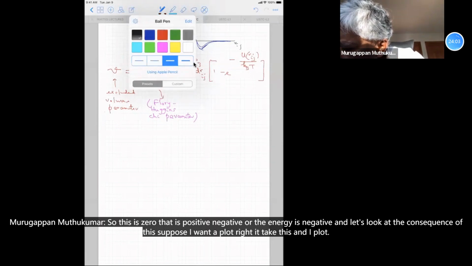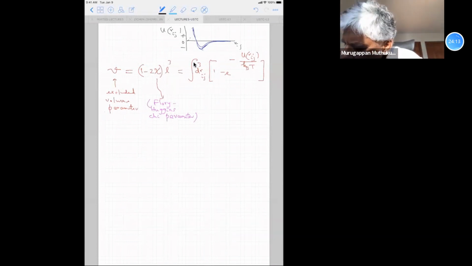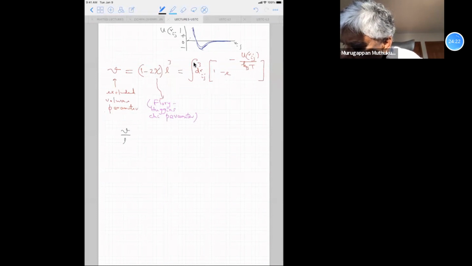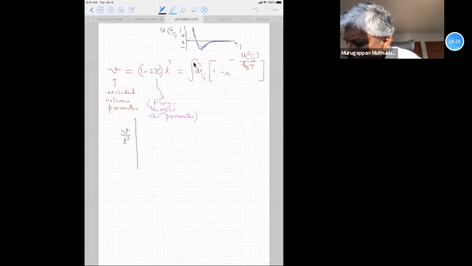So this is 0, that is positive, this is negative. Let's look at the consequence of this. Suppose I plot V over L cubed as a function of temperature.